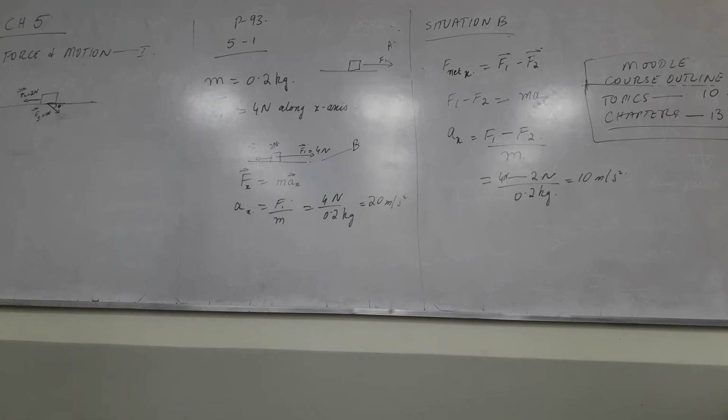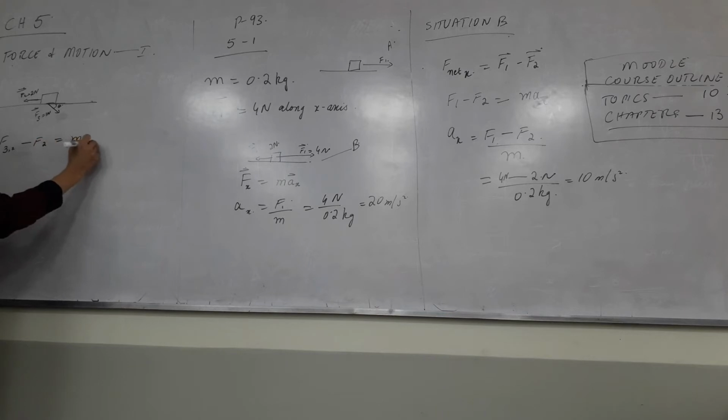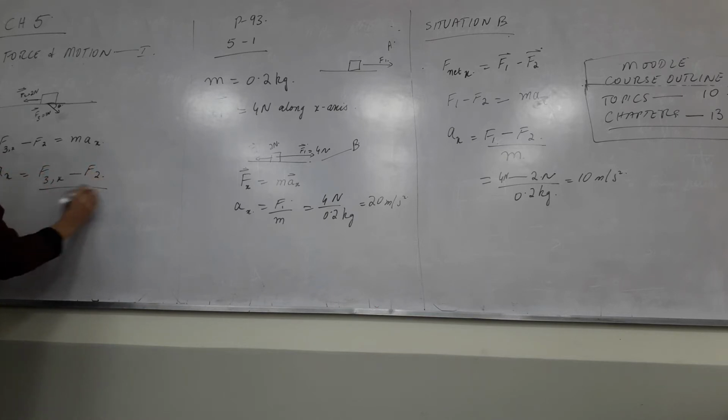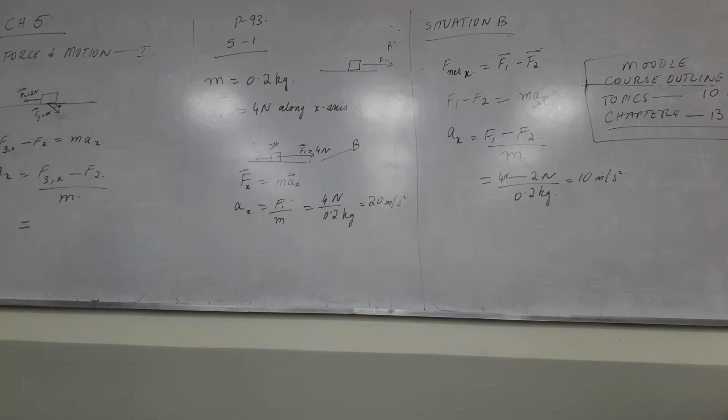So, Ax in this case we have to find. Again, this will be F3x minus F2 is equal to max. Okay. So, Ax is equal to F3x minus F2 divided by m. F3x means the horizontal component of F3.